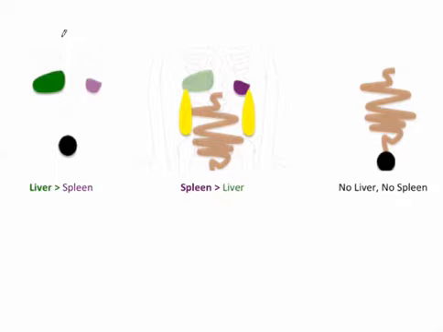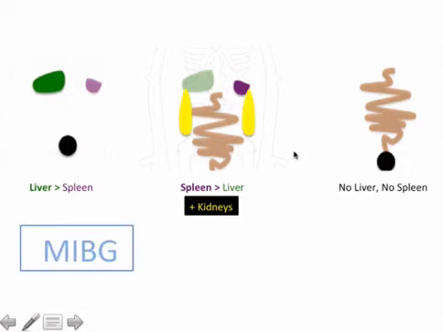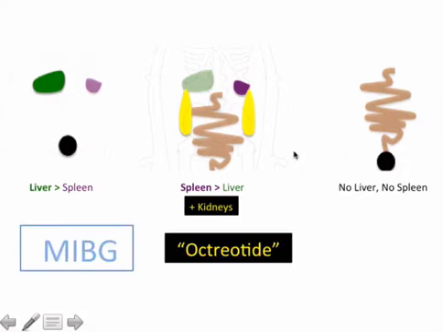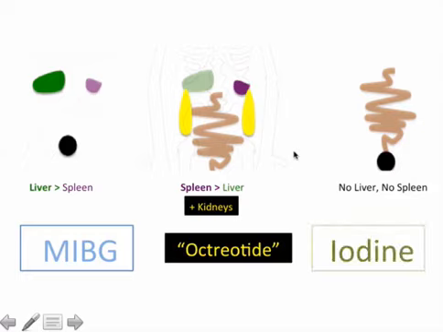So remember, if you don't have a heart, he does have a liver. So this is MIBG. This person here, I'm really noticing those kidneys standing out. So this is octreotide. And then neither is going to be iodine, right? Except for one special situation, that's post-treatment.